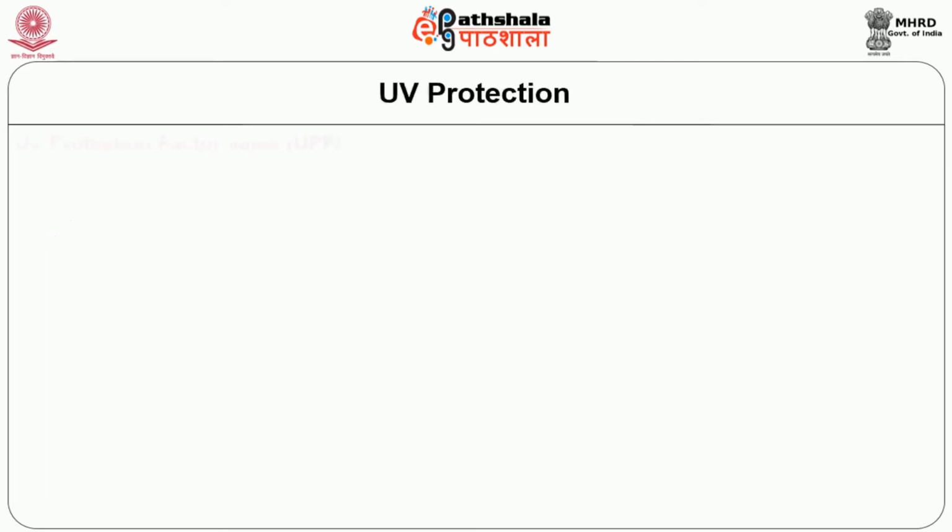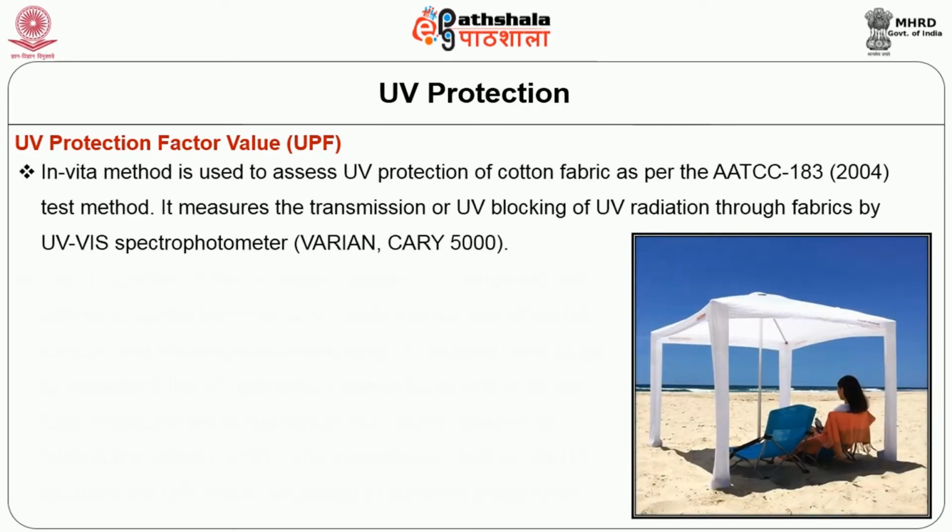Next comes the UV protection of woven fabric. UPF is the common factor estimated for the UV protection of woven fabrics, given by AATCC test method 183 for UPF value calculation. The in vitro method is used to assess UV protection of woven fabric as per AATCC 183. It measures the transmission or blocking of UV radiation through fabrics by a UV-VIS spectrophotometer.